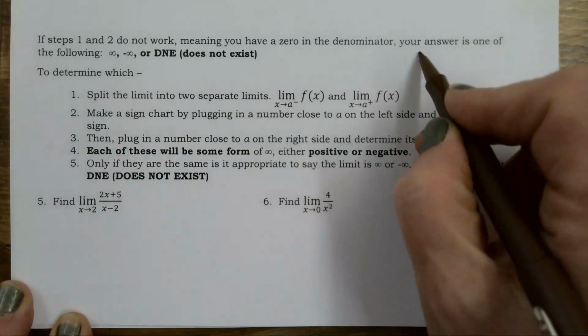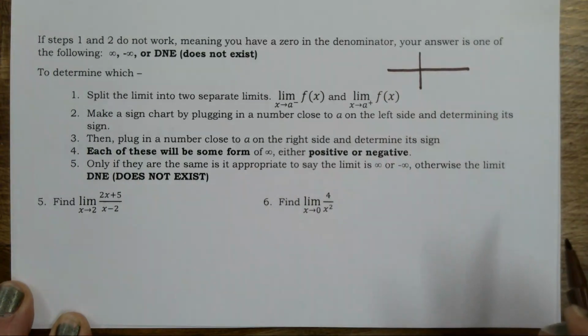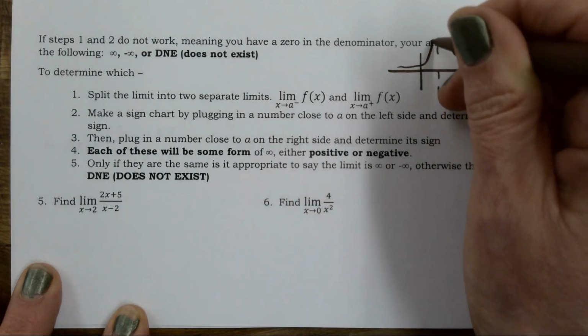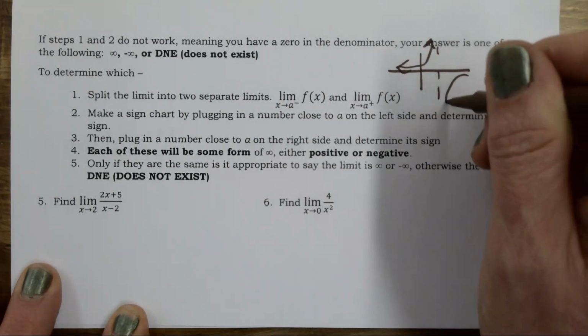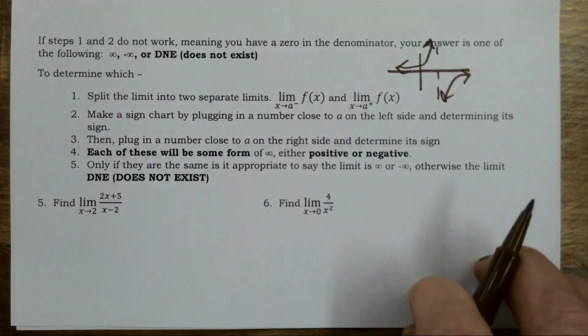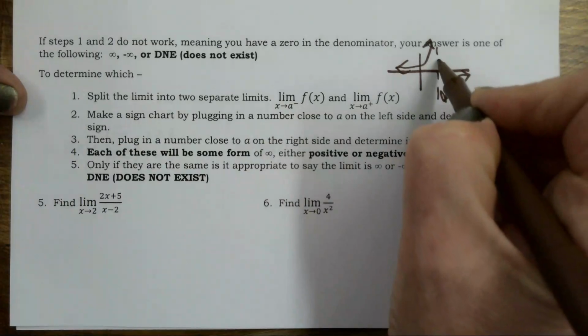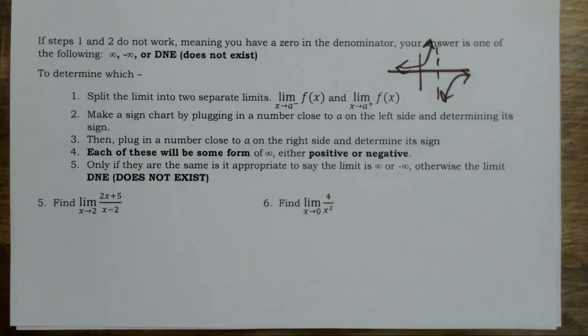So when I graph one of these where it's undefined, I have it going maybe in one direction on one side or another direction on the other side. This asymptote blocks it. And so at that value, I can't necessarily find a limit.